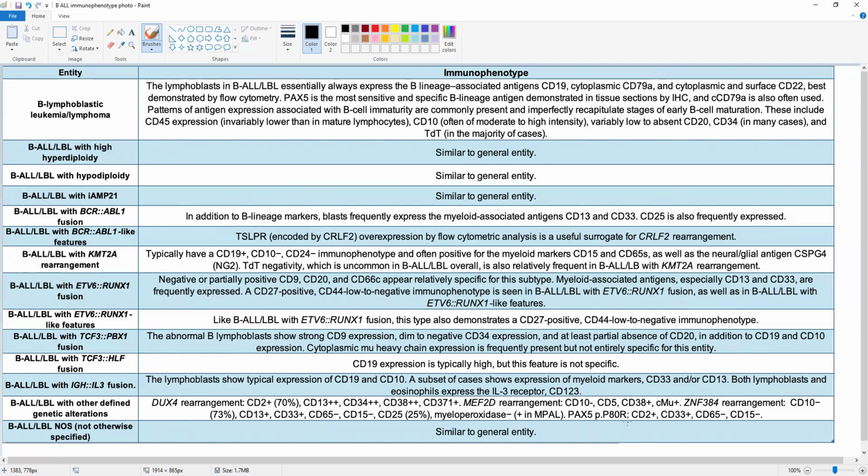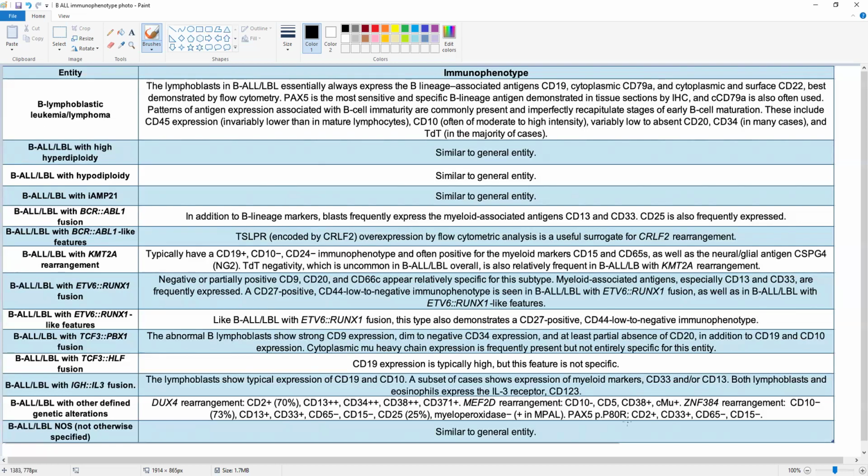You want to see markers associated with immature lymphoid differentiation, like TDT. And you want to see markers that are commonly seen in immature lymphoid blasts, like CD10 and CD38.